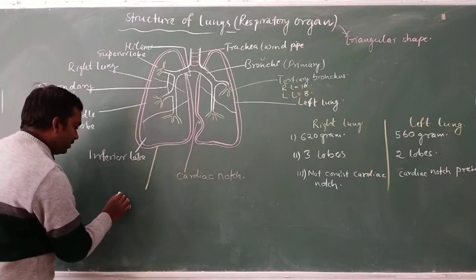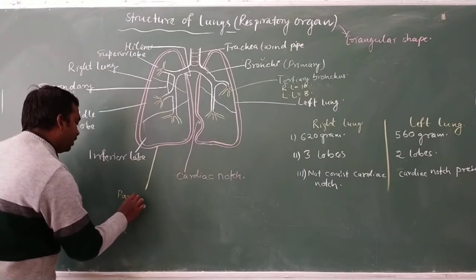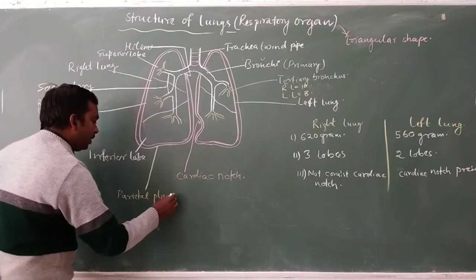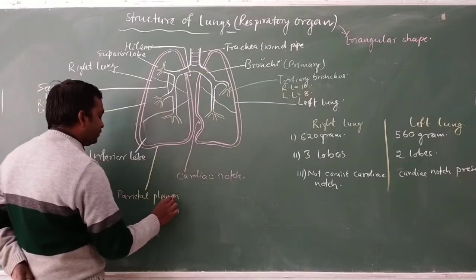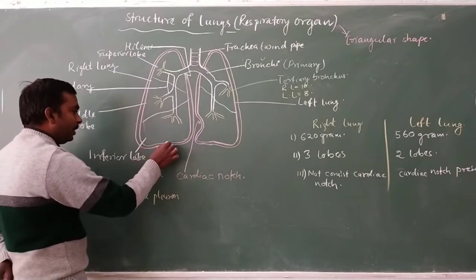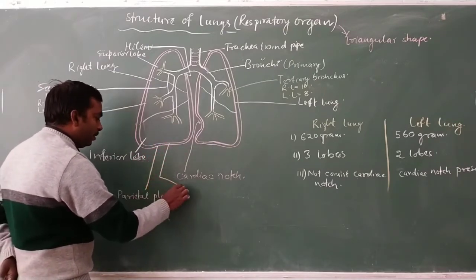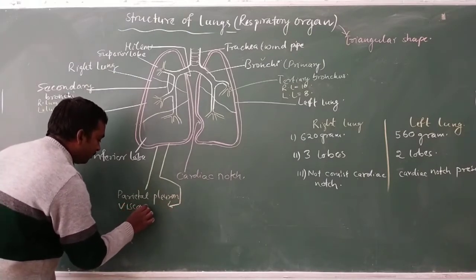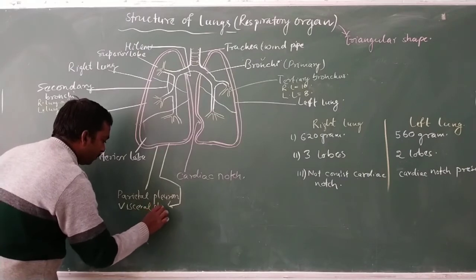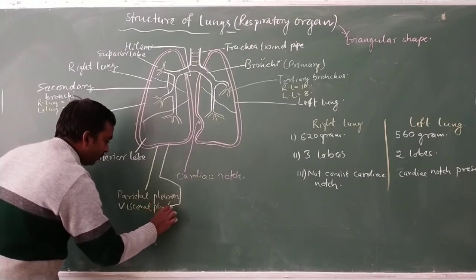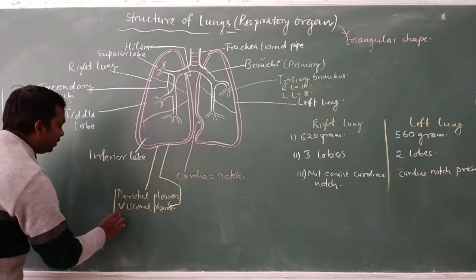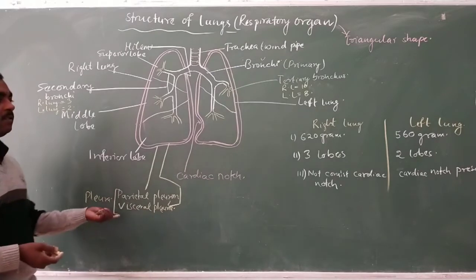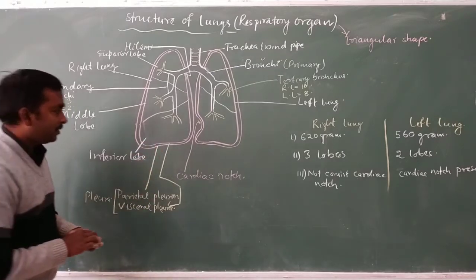The outer one is known as the parietal pleuron, while the inner one is known as the visceral pleuron. Together these make the pleura, the protective covering of the lungs.